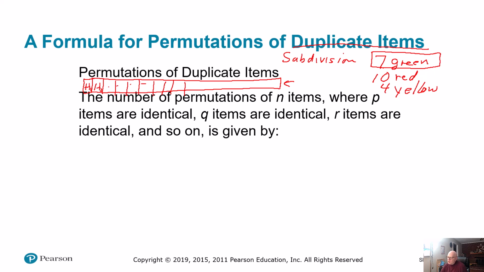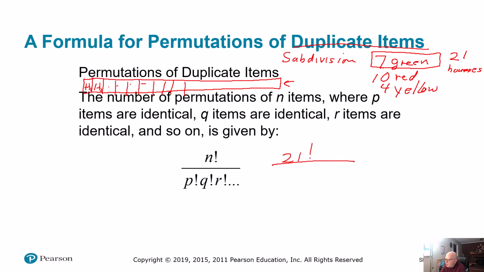Here's the formula you need. On the top, now make a note up here. All told, you got 21 houses. So that goes on top, 21 factorial.